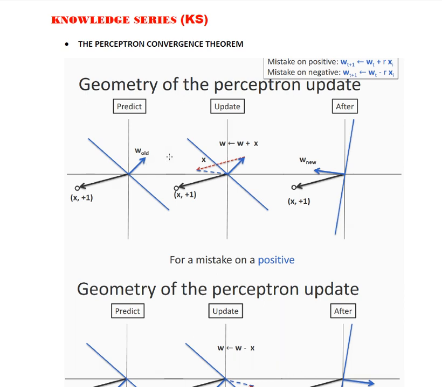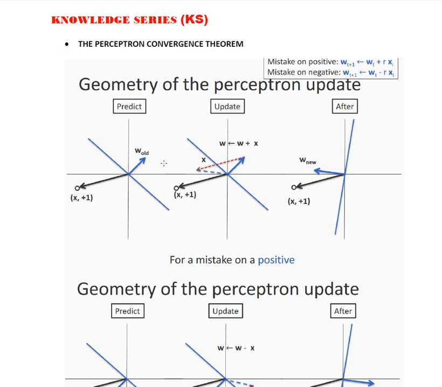Now if at this particular point another input is coming, let us take the same x is coming, looking for a point here. So this W old is being modified to W plus x. That means the initial x was having a weight with a +1, that has been modified with respect to the new weight, that is W plus x.